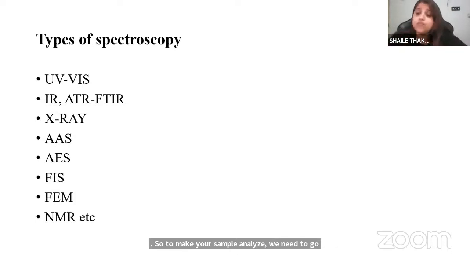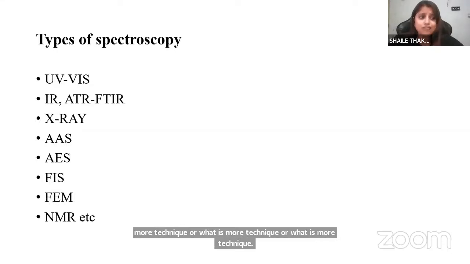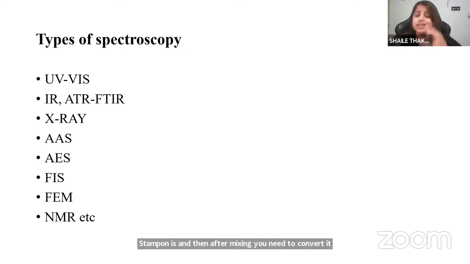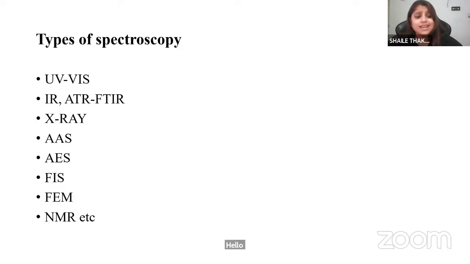For the solid sample, we need to use the mull technique. What is the mull technique? The sample is mixed with the mulling agent, and after mixing, you convert it into a paste and then put it on your plate, right? And after putting it on the plate, you subject it to the IR instrument. So this is your mull technique.